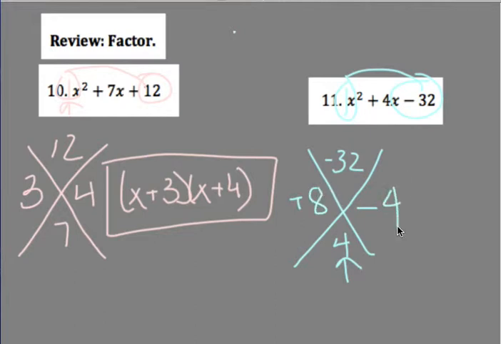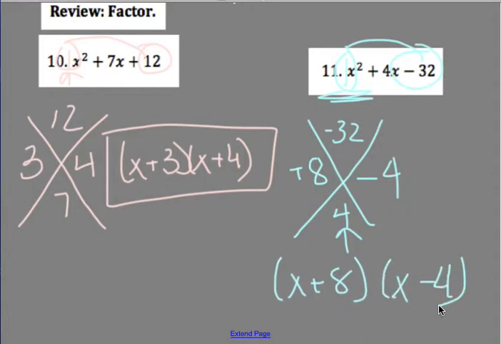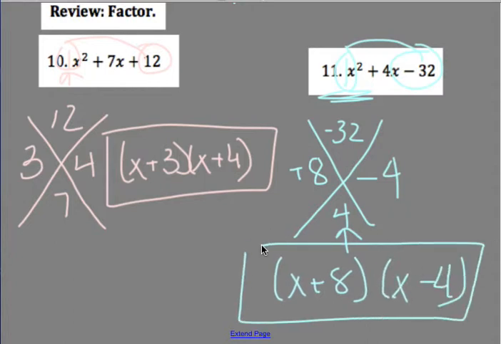So I'm going to have 8 and negative 4. Again, because this is a 1 in front of the squared term, I can go and immediately put it in factored form. Now, the way we learned towards the beginning of this year will always work. This is a shortcut which you may want to use moving forward because we're going to be doing factoring along with some other things. So that concludes your review video.